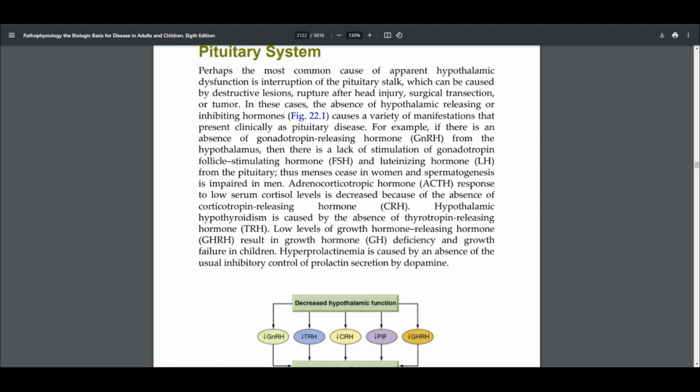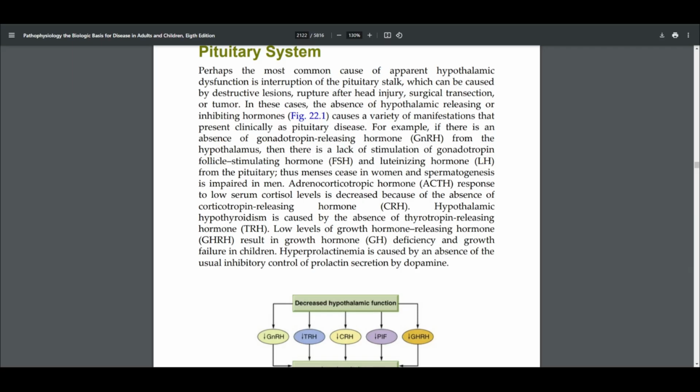For example, if there is an absence of gonadotropin-releasing hormone from the hypothalamus, then there is a lack of stimulation of gonadotropin follicle-stimulating hormone and luteinizing hormone from the pituitary. Thus, menses cease in women and spermatogenesis is impaired in men.